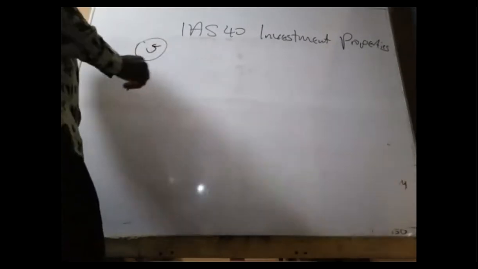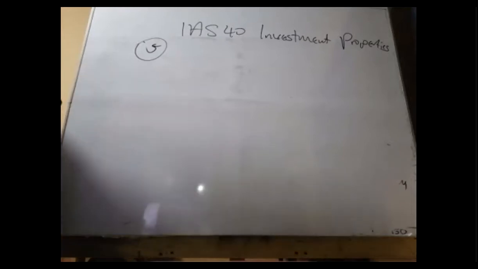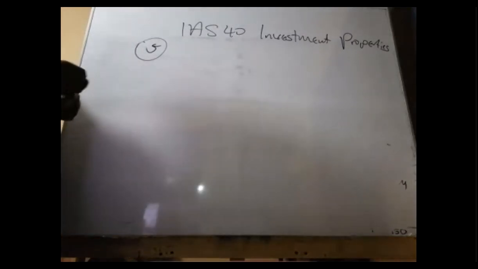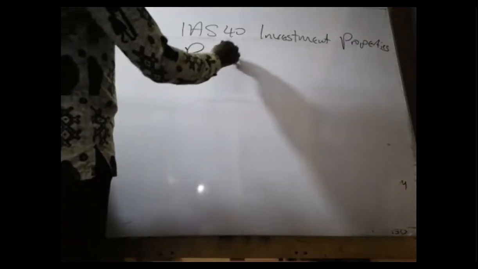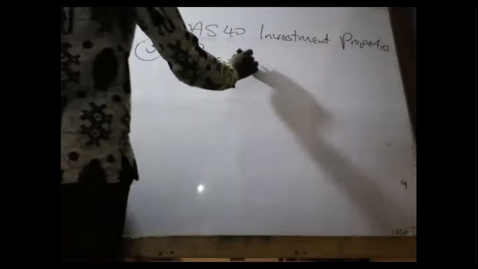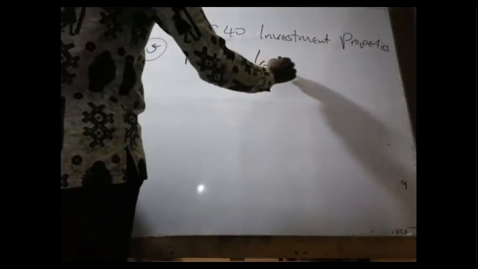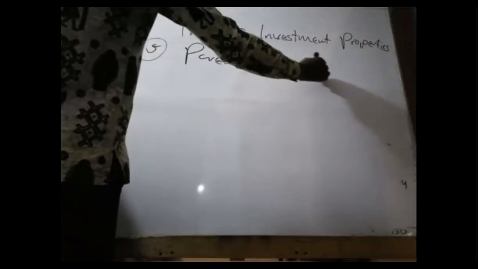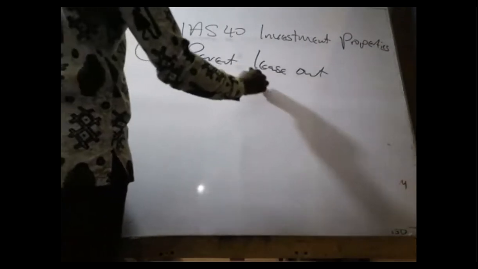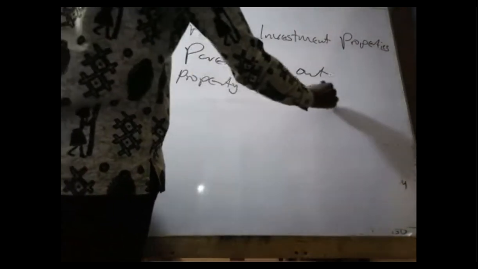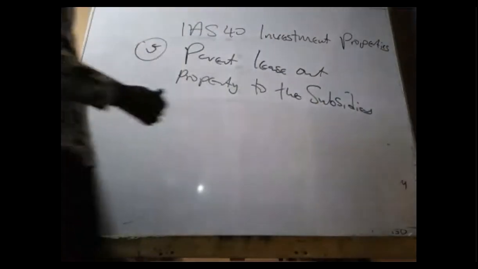Example 5 is property acquired by an entity and then leased out to a subsidiary. So the parent company acquired property, or the parent company leased out property to the subsidiary under operating lease.